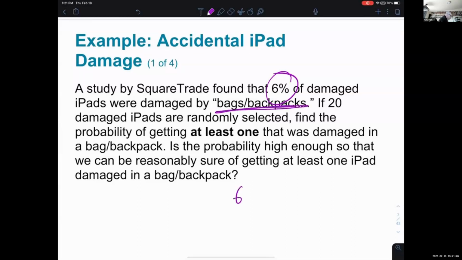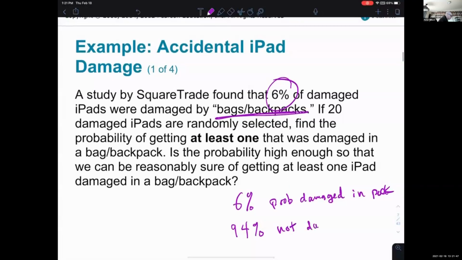So that means if 6% is the probability of being damaged in a pack, then the other 94% were not damaged in a pack. Does that make sense?